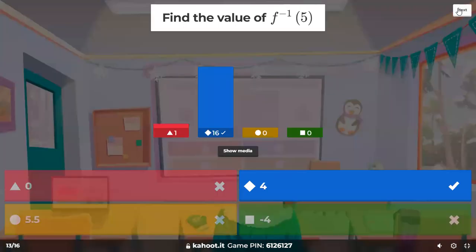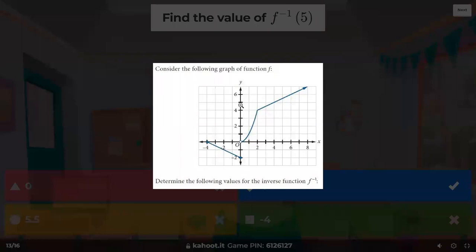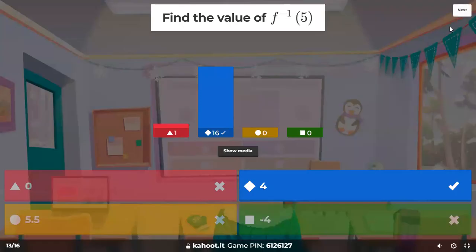All right. Almost everybody. I go to 5, and I go to the right, and what is the x value? 4.